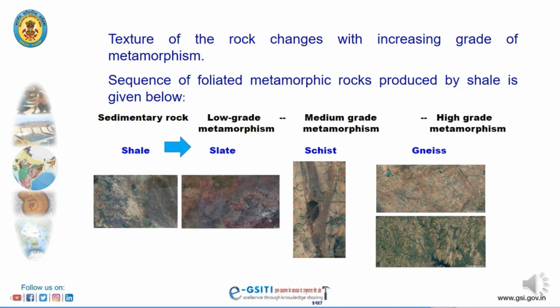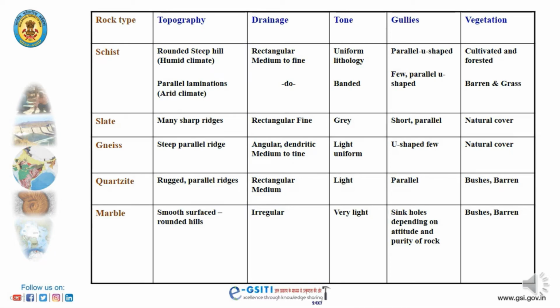Here we can see the sequence of foliated metamorphic rocks produced by shale is given below. Different grades of metamorphism and the image characteristics are visible from shale to slate, schist and gneiss.